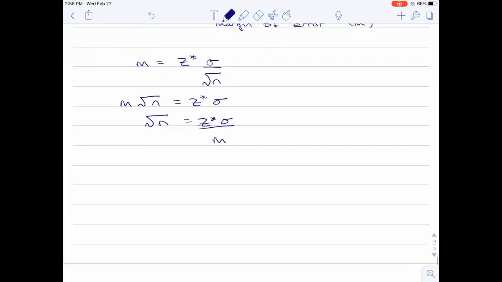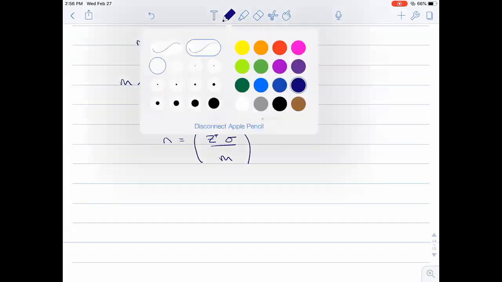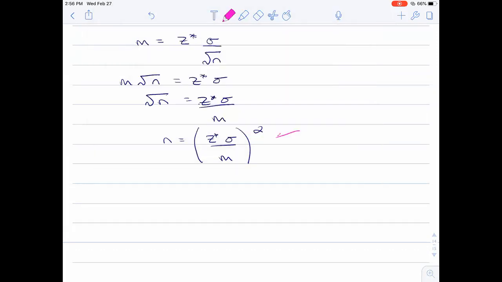Ditching the square root, we have to square both sides. So n is z star times sigma over m, all to the power of 2. That's on your formula sheet, but that's how you get it.